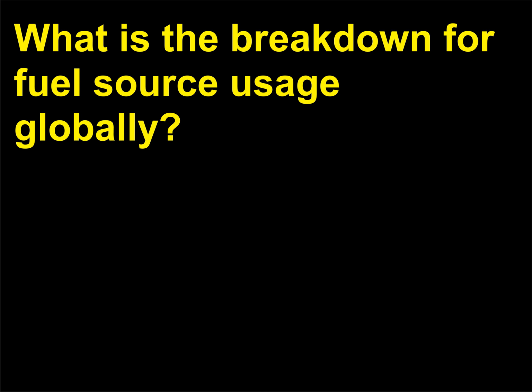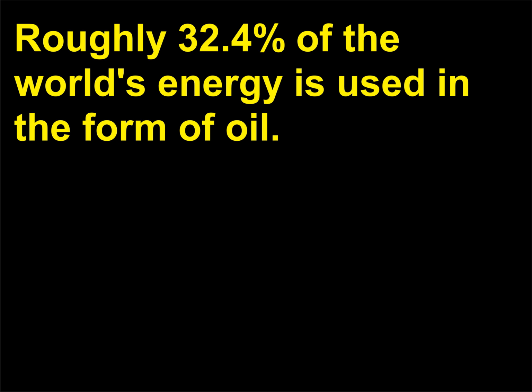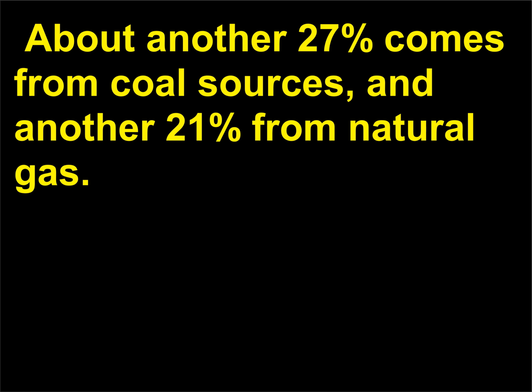What is the breakdown for fuel source usage globally? Roughly 32.4% of the world's energy is used in the form of oil. About another 27% comes from coal sources, and another 21% from natural gas.